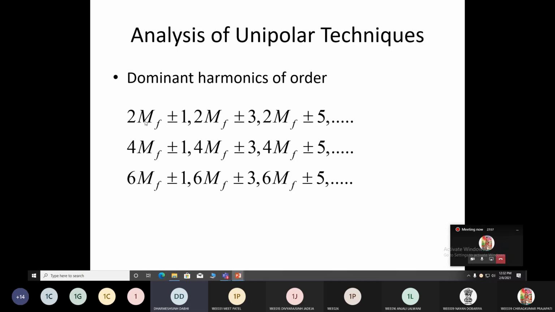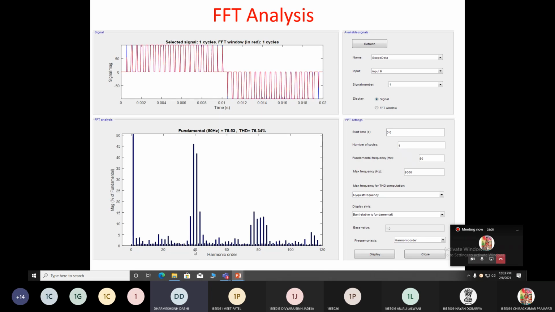That means 2 into 20 plus minus 1, so that is 39 and 41. That is my first dominant harmonics. Let's check by the FFT analysis. You can see that the first dominant harmonic is 39 and the second one is 41, with the same carrier frequency of 1000 Hz as we took in the bipolar technique.